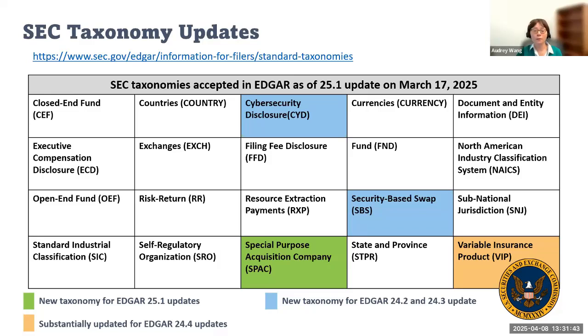In the March 2025 EDGAR update, we introduced the SPAC taxonomy to reflect the Commission's adopted rule and amendments requiring enhanced disclosure for SPAC IPOs and de-SPAC transactions to be tagged in Inline XBRL, beginning on June 30, 2025. The ones not highlighted are not new taxonomies, but we also updated them to their respective 2025 versions. Next slide.